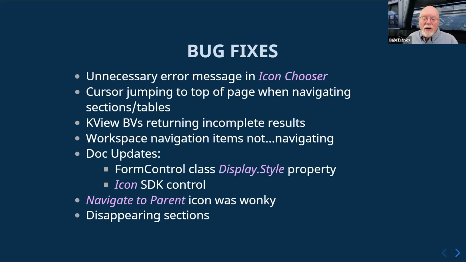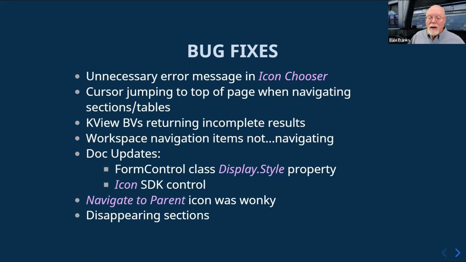Also, the SDK control for the icon. So as you know, in Process Director, you can build your own custom forms using Visual Studio, and you can build them as ASCX custom controls. Now, when you do that, all of the Process Director controls have an ASP.NET control that can be placed on the form with a particular syntax.